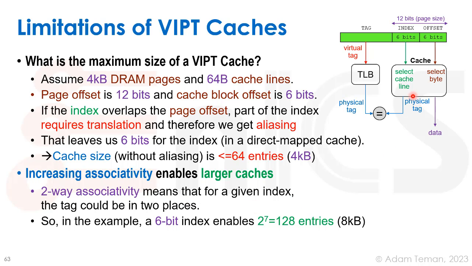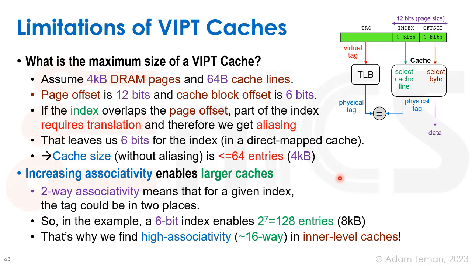And increasing associativity further enables us to really increase this cache size from the 4 kilobyte limit that we have with our 12-bit page size and our 6-bit cache block size. We can really increase it farther. So that's why we'll see in a second that we have typically high associativity, something like 16-way in inner level caches, even though we saw that usually additional ways don't actually help us with hit rate.